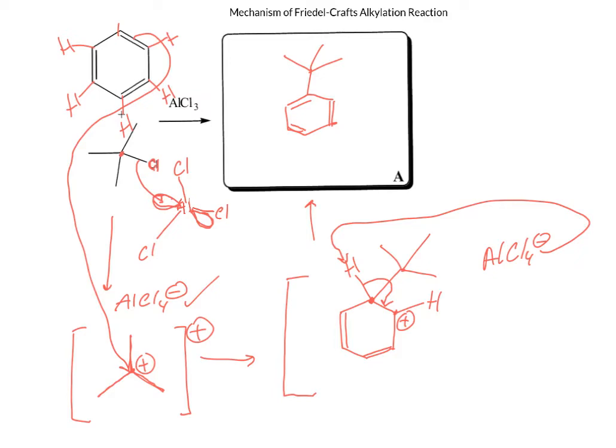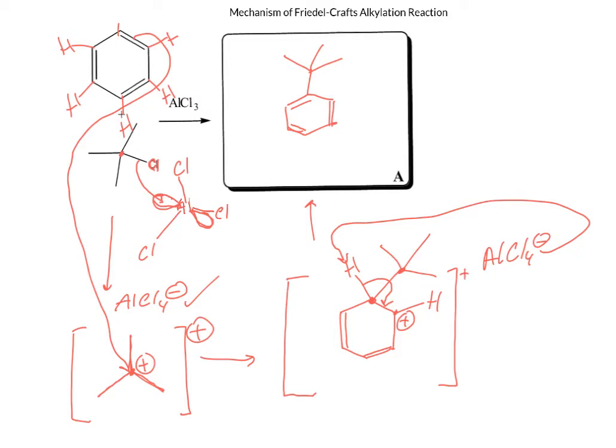And now benzene, one of the double bonds of benzene, attacks the carbocation. This attack results in formation of the sigma bond between what used to be aromatic carbon and the carbocation. This is the new sigma bond.